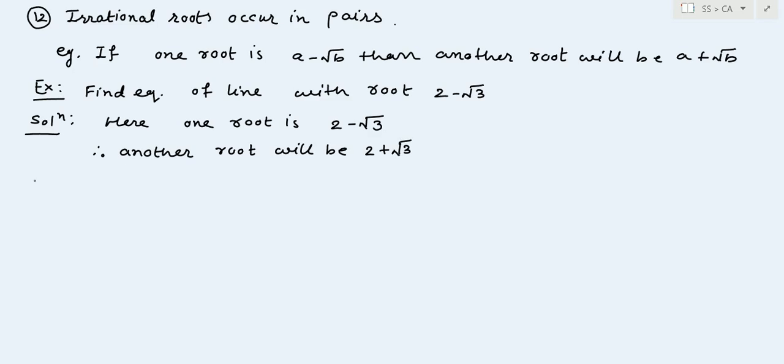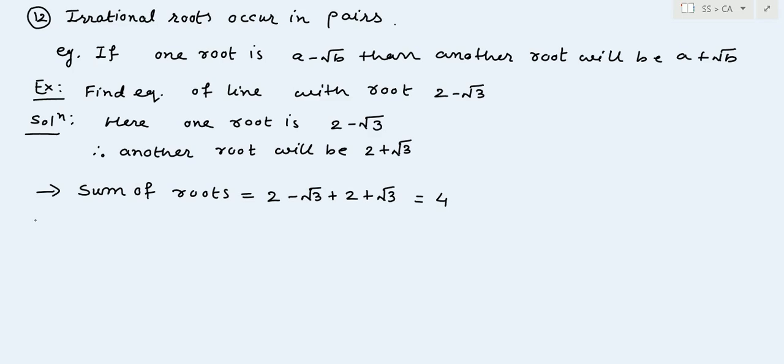Now what is our form of equation? Okay, sum and product of roots. So first we are finding sum of roots. Sum of roots equals to 2 minus root 3 plus 2 plus root 3. Okay, root 3 cancelled. Our answer is 4.